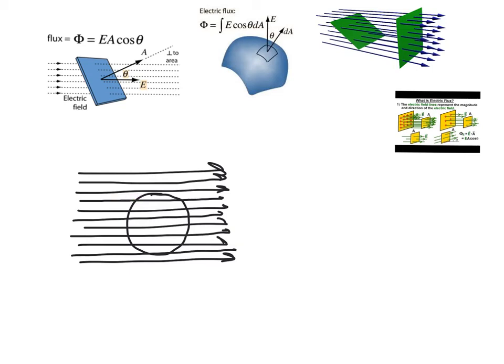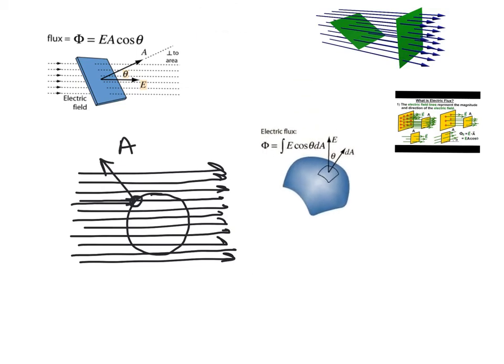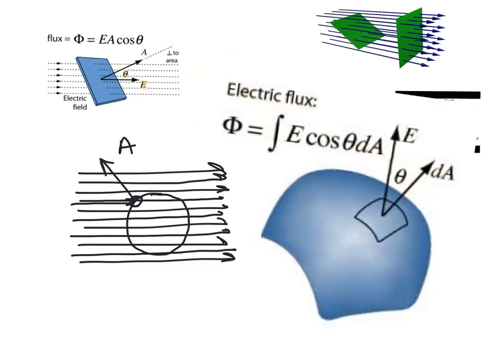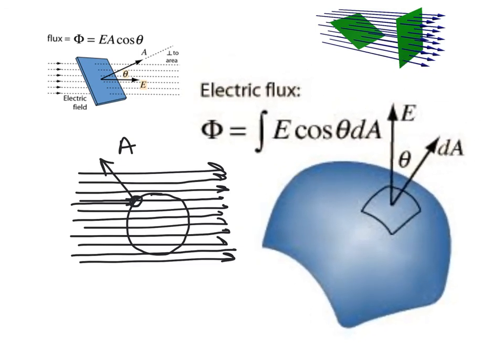So if I wanted to calculate the electric flux at this point, I would take a little area element, and this is facing this way. So that would be the A vector, and the E vector would be this way, and I would have an angle. So you can see that in a case like this, we have to use calculus.